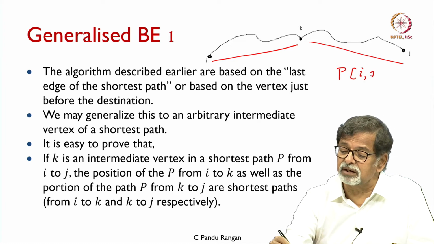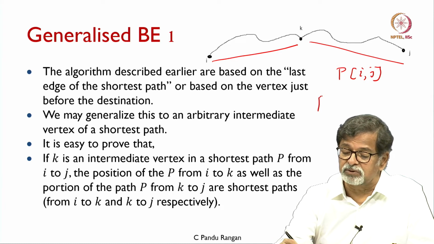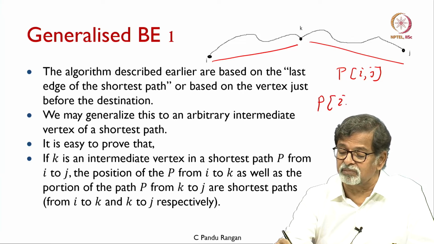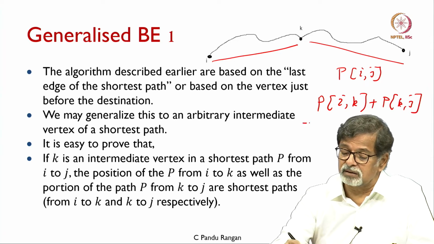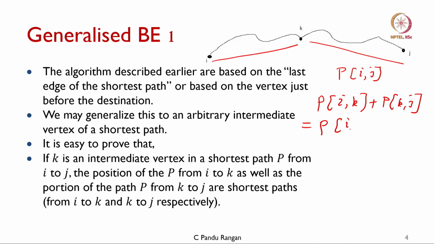The whole thing is called p from i to j. P from i to j is written as p from i to k plus p from k to j, equals p_ij. With respect to an intermediate vertex, we split it into two parts.